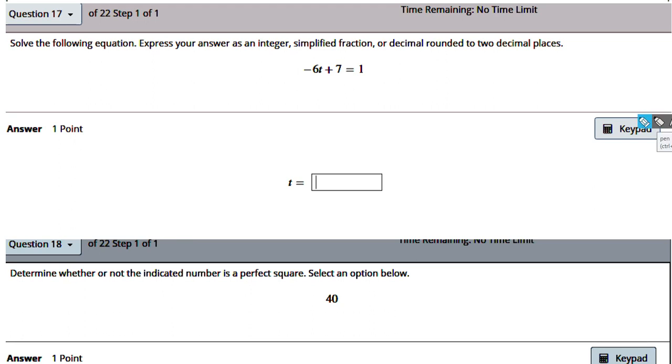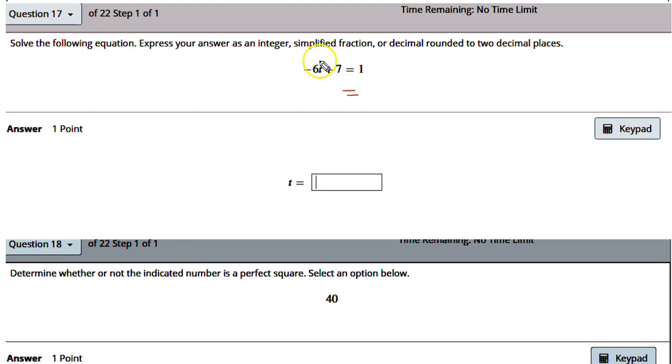Now, as you take these tests, I think I've told you that generally, for some reason, there's easier ones toward the end. Here we're on number 17, and this is a rather easy item. We just want to solve this equation for the letter t.